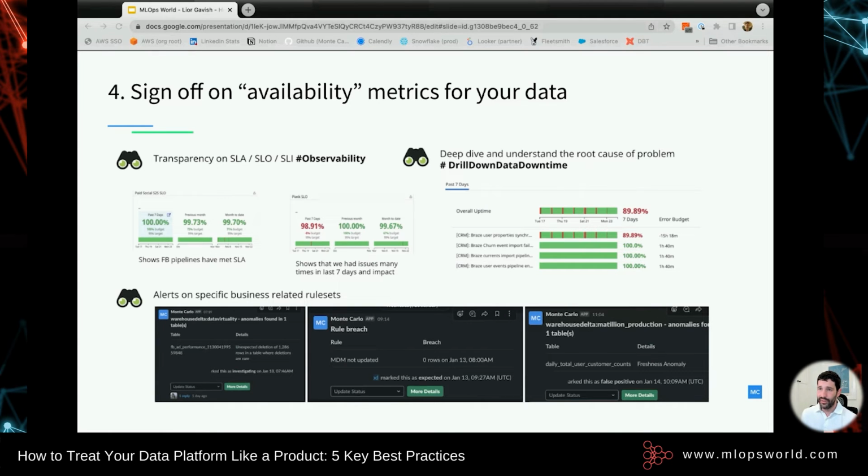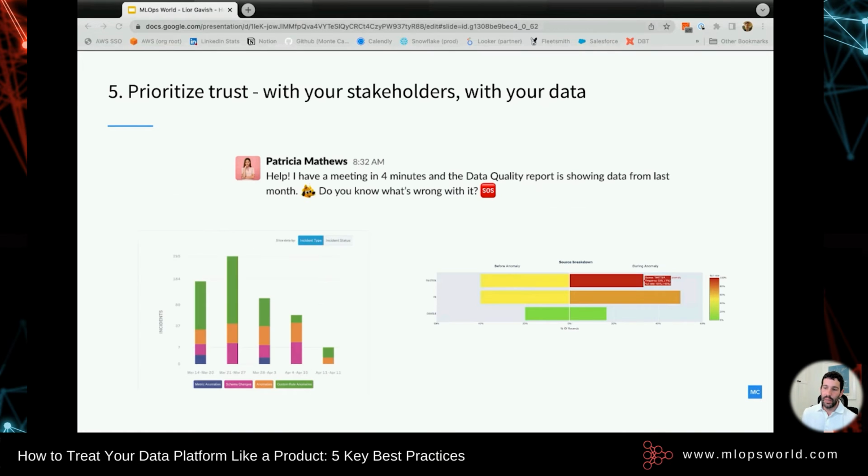Which leads me to the fifth and last learning, which is to prioritize trust with the people that use data, right?